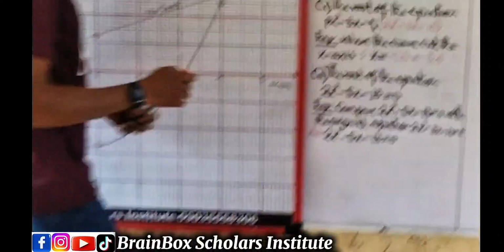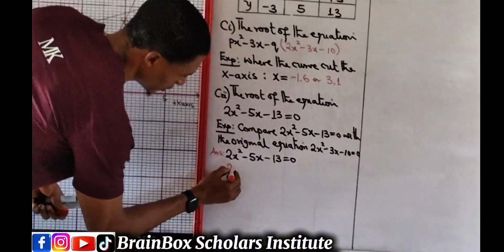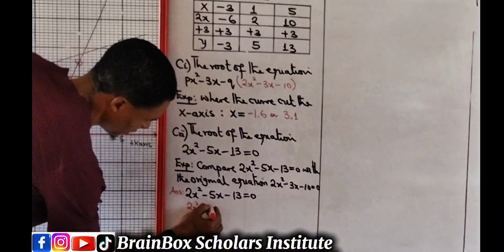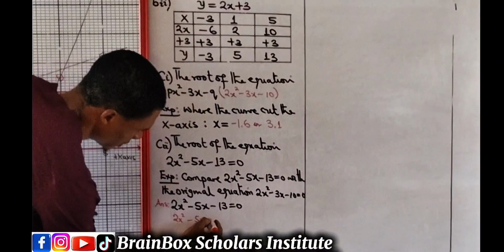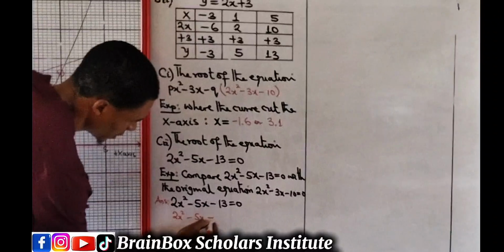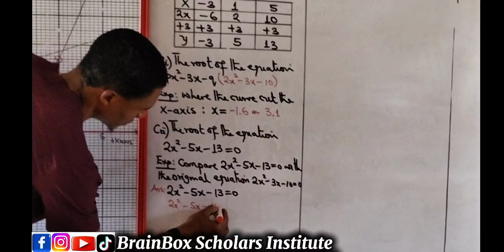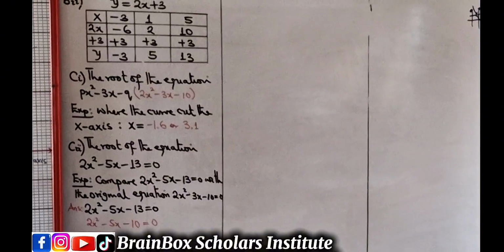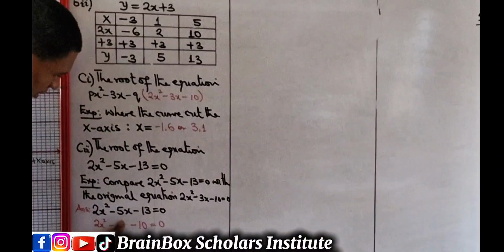Now, the original equation is 2x squared minus 3x minus 10 is equal to 0.